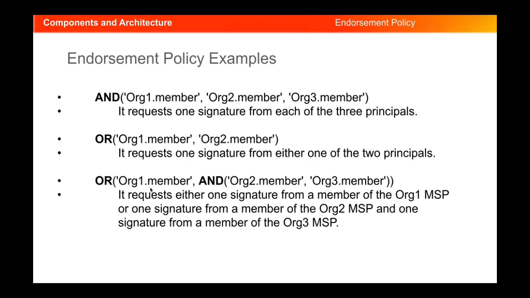So for this transaction to be true, the arg2 member and arg3 member, both of them have to vote. After that, either of them should turn true in order for this transaction to be valid. So this is how you're going to read the endorsement policies. You will get to know the practicality of it when we try our hands on the practical section.